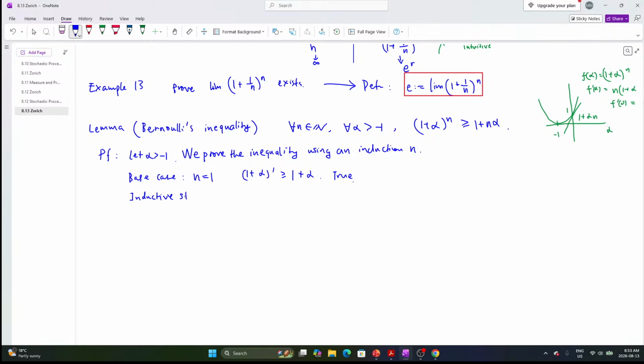The inductive step starts by assuming the induction hypothesis. So we can say assume the inequality is true for some n.